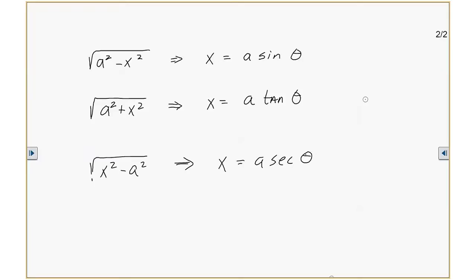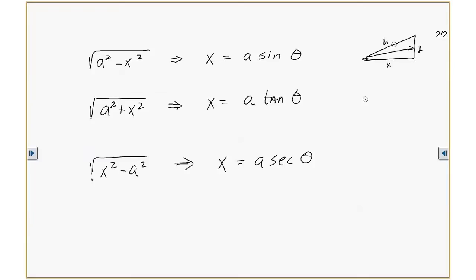Now just a couple of mentions here. One of the things people say is, well, how do they get that? Well, go back to your Pythagorean. If you wanted to find, let's see, this is x, y, and h. And sine is equal to opposite over what?